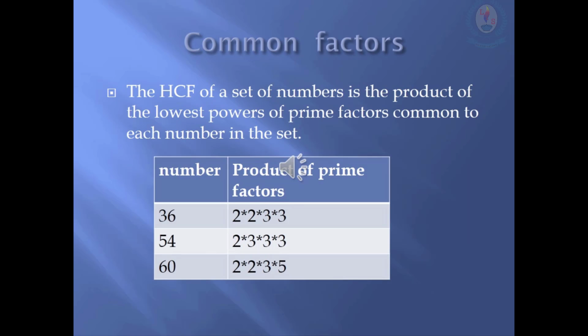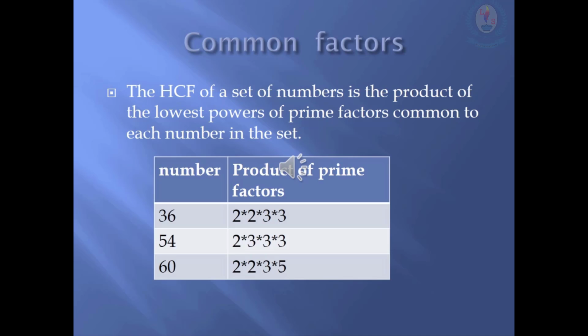How can we find common factors? The highest common factor of a set of numbers is the product of the lowest powers of prime factors common to each number in the set.